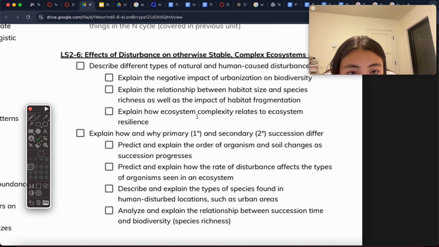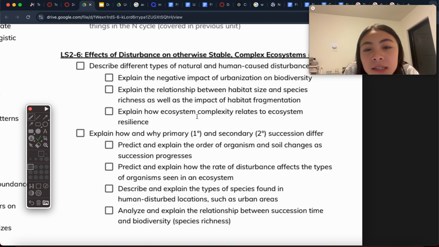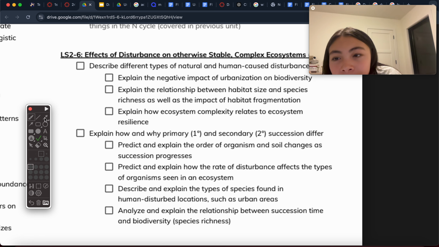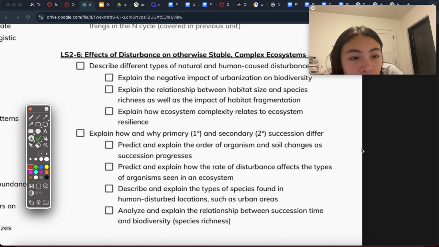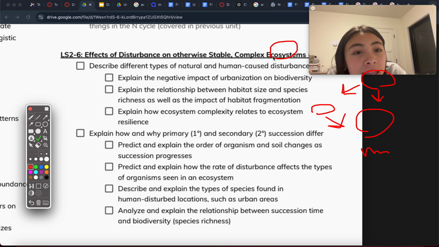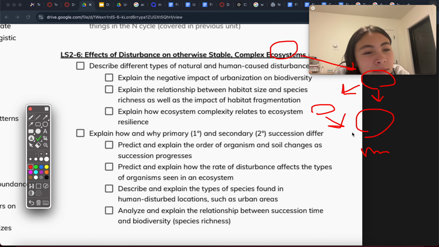So having more species, ecosystem complexity, which I'm guessing just means there are producers, then there's prey, then there's something that only eats the prey, and then something that eats that. I think it's like saying something like that. That's what ecosystem complexity is.